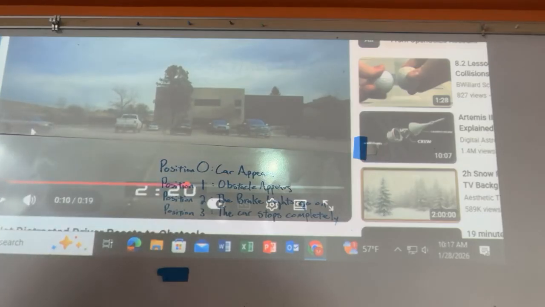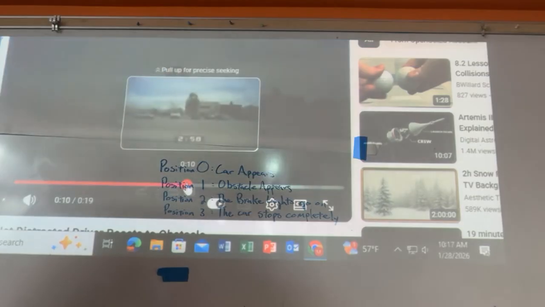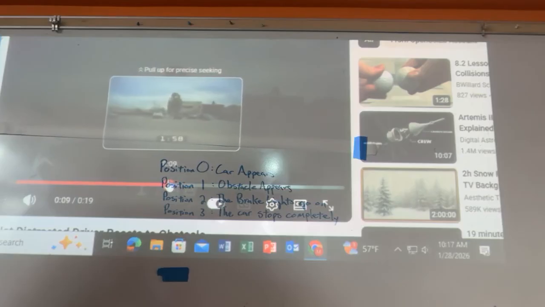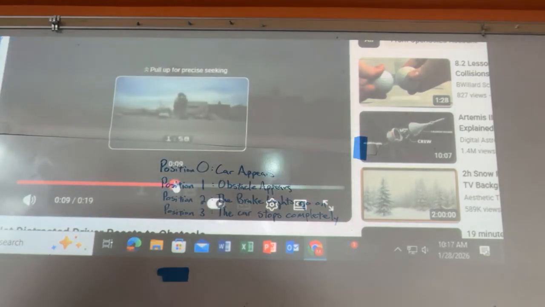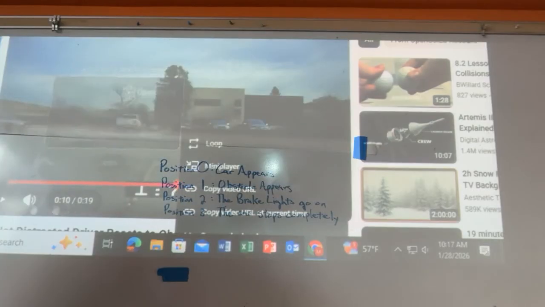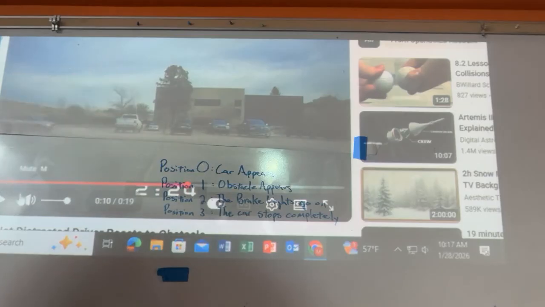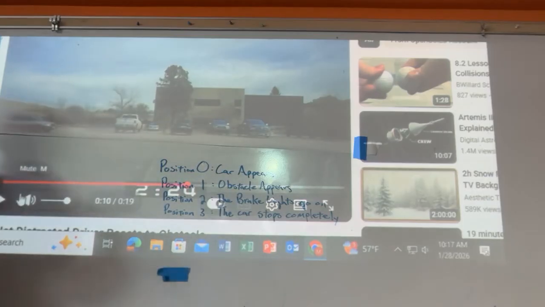So now the car has appeared. Let's back up the frames. I want to measure the car's rear tire. Okay, here is position 0.